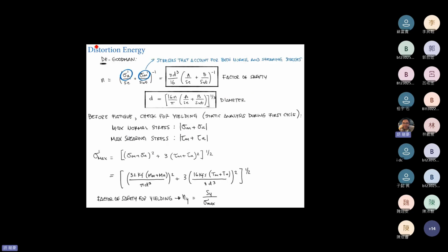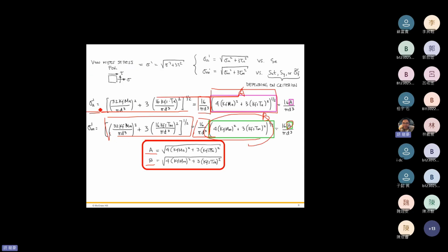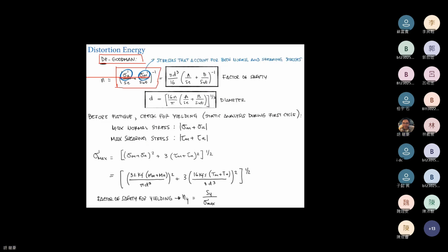Okay, so now let's look into this criteria called the distortion energy. I think you guys are already familiar with it, and it can also be used for static loading failure. So now we use the distortion energy method, or we define the Goodman criteria. The safety factor from this DE-Goodman criteria equals this, and we already figured out what sigma A prime and sigma M prime are, previously, right here.